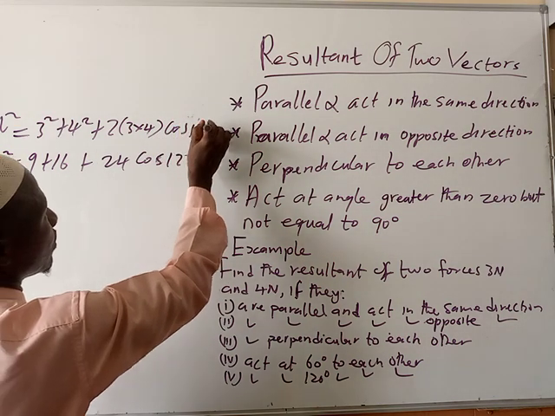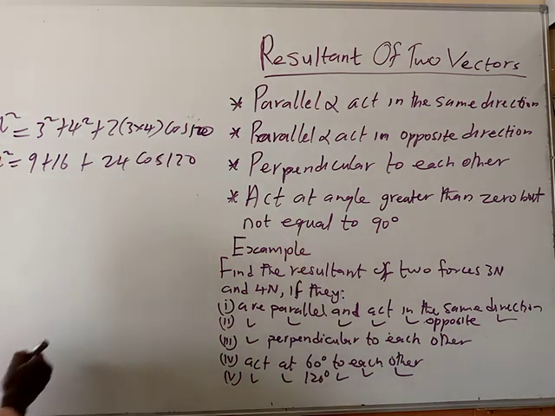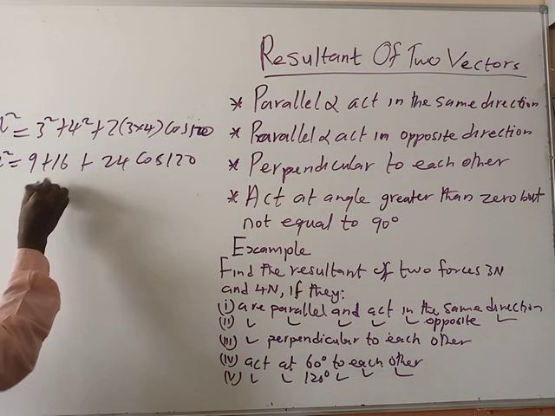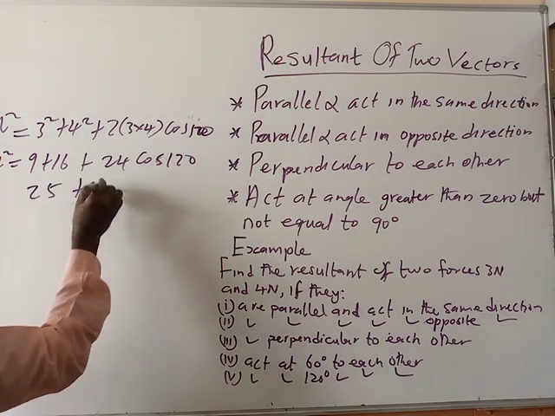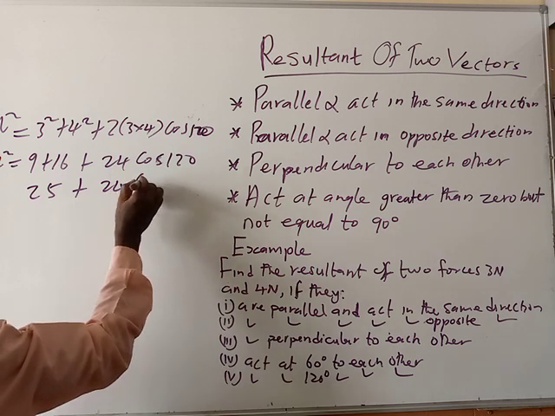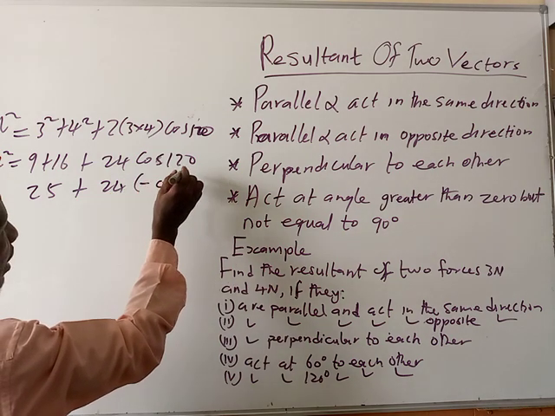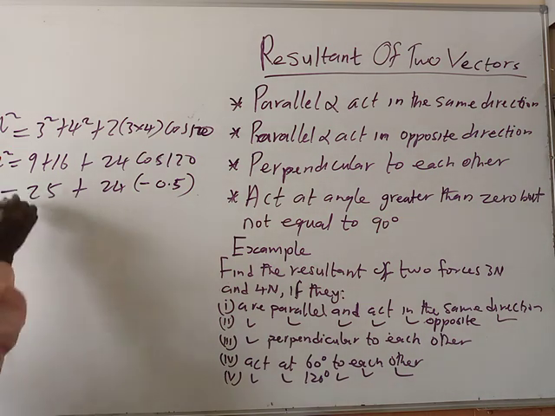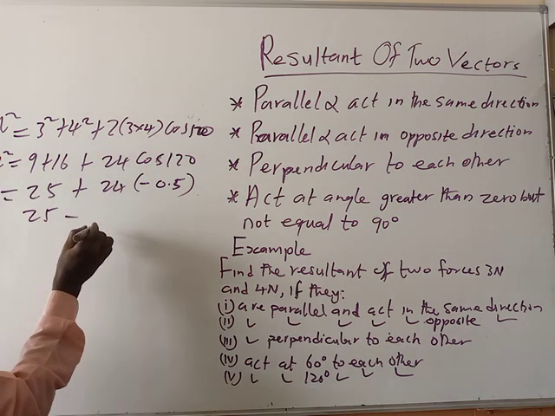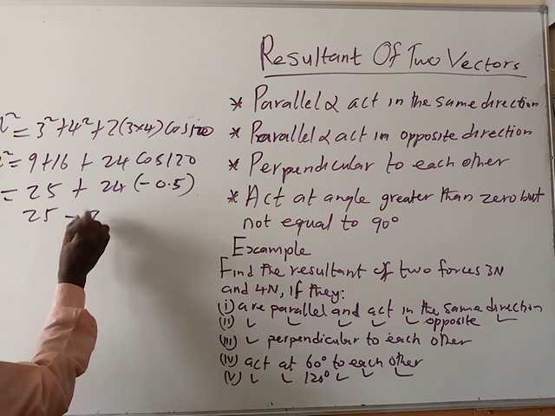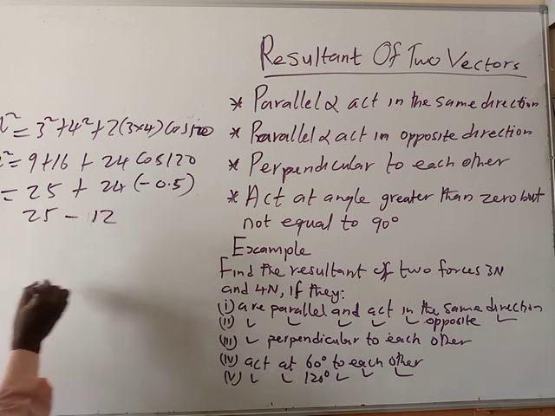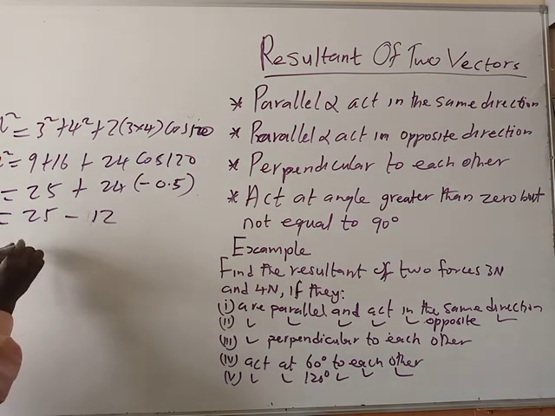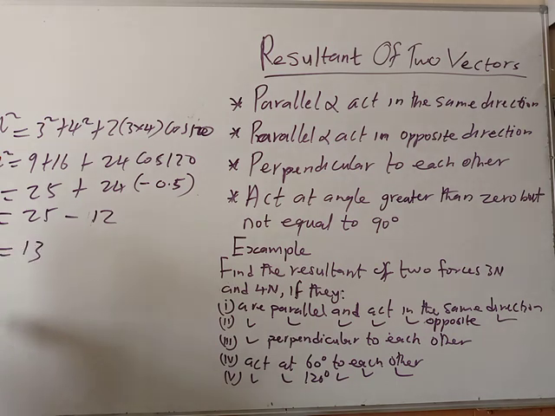So now this gives 25 plus 24 times minus 0.5, therefore 25 minus 12, which will give us 13.